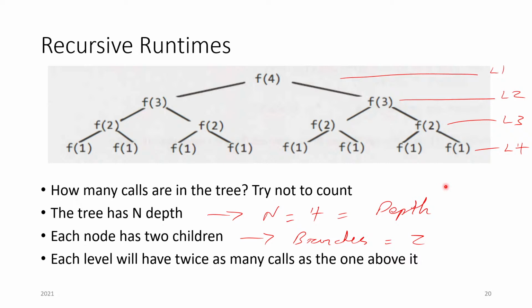So if I had to allocate a marking scheme, let's say I gave you a piece of code and asked you to find out what the order is, and it was worth 5 marks, the final answer is only going to be one of those 5 marks. Your explanations as to how you derive the order are going to be those remaining 4 marks. So you can get the final answer wrong, but if your explanation is spot on, you're still going to get 4 out of that 5 marks.